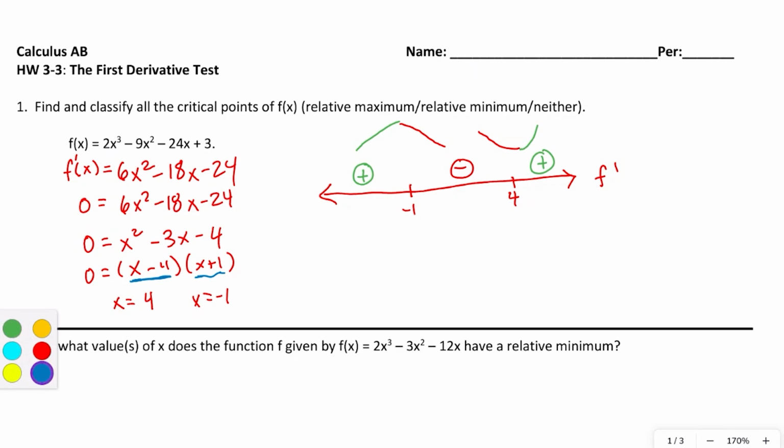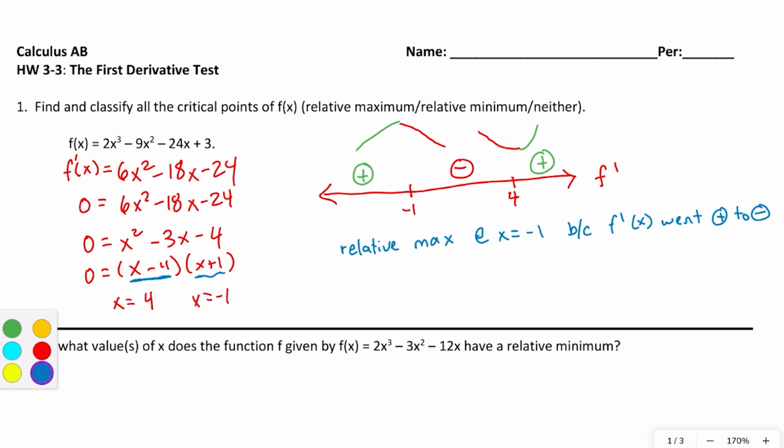We have a relative minimum, or I guess we'll start with maximum, at x equals negative 1. The reason we're allowed to say that is because f prime went from being positive to negative. That's the justification of that statement.